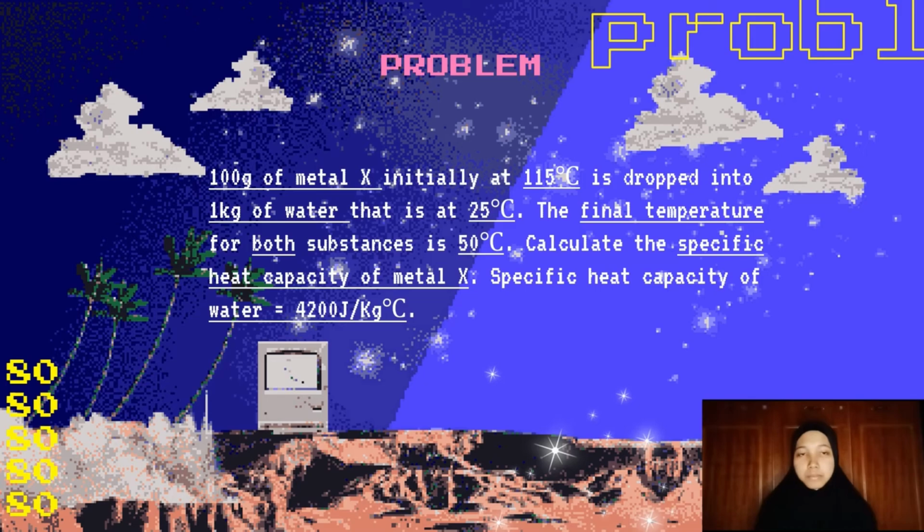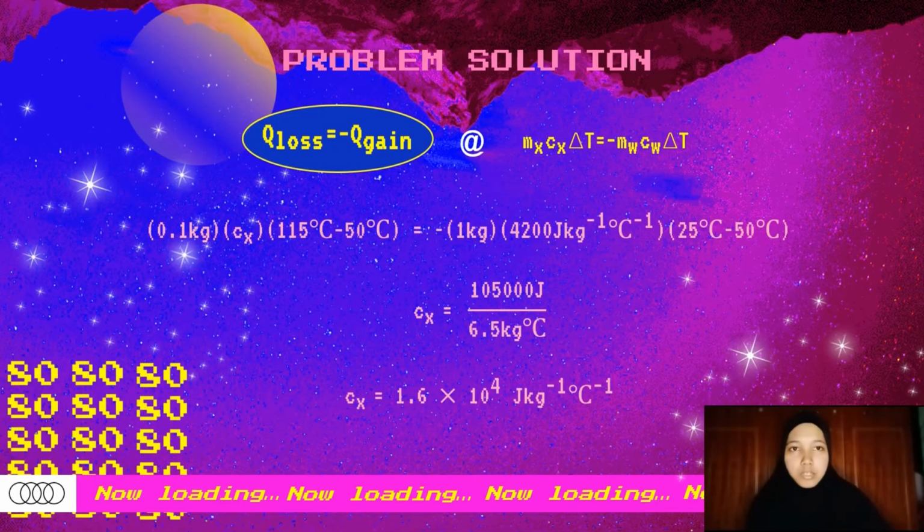The temperature for water is 25 degrees Celsius. The final temperature, Tf, for both substances is 50 degrees Celsius. We need to find the specific heat capacity of metal X.